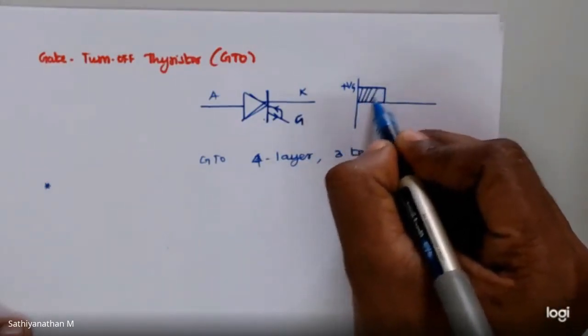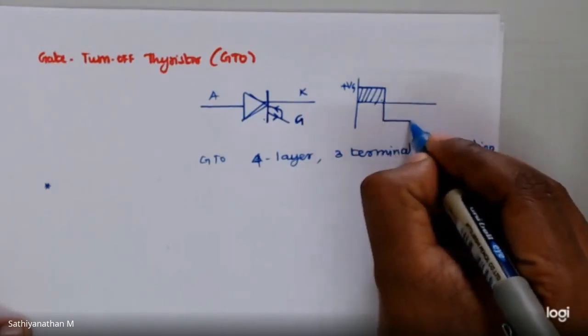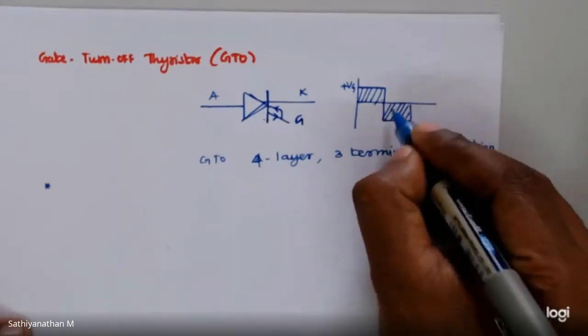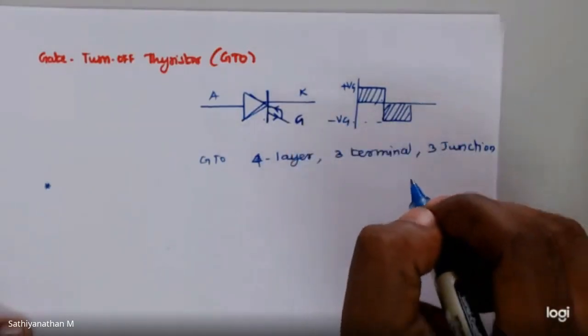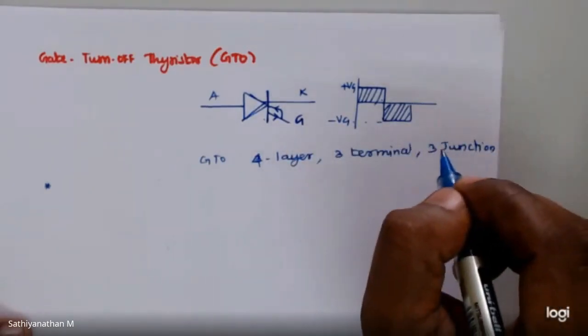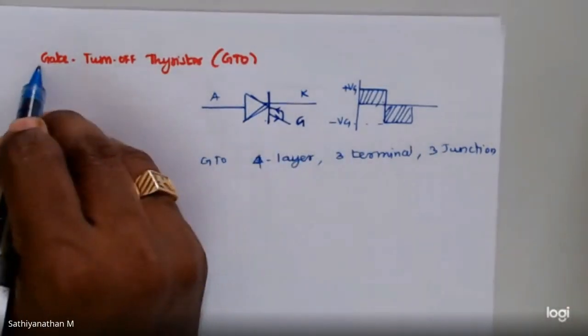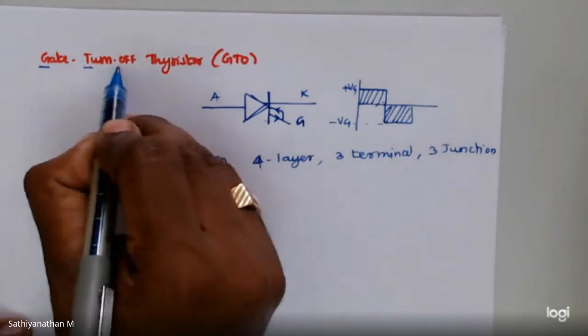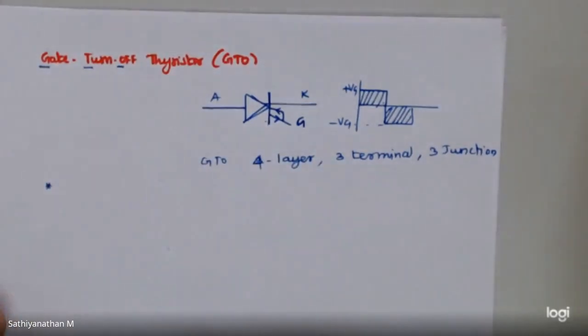When you apply this positive gate, the device comes to on state. When you apply a negative gate pulse like this, minus Vg, the device goes to off. And that is why we call it gate turn off, that is GTO, gate turn off thyristor.